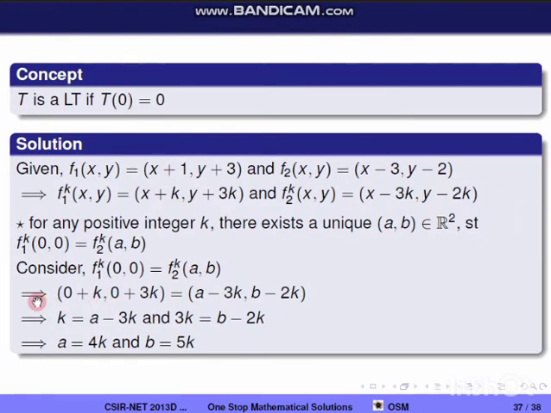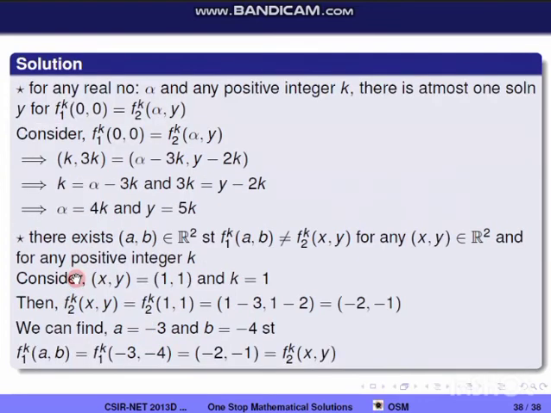So this implies 0 plus k comma 0 plus 3k is equal to a minus 3k comma b minus 2k. So this implies k is equal to a minus 3k and 3k is equal to b minus 2k. That is, a is equal to 4k and b is equal to 5k. That is, for each k we are getting a unique AB such that this is equal. So this option is correct.